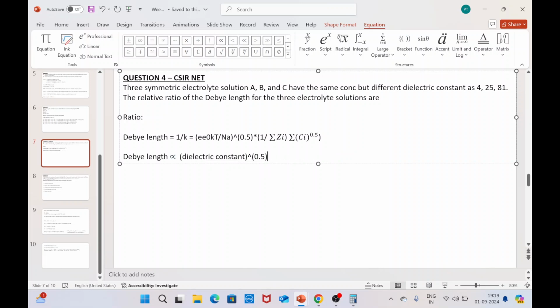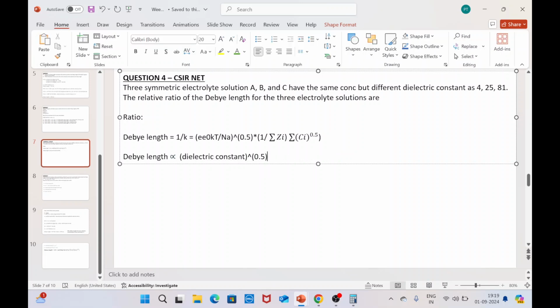So this is the idea. Your Debye length is going to be proportional to the dielectric constant whole power 0.5. And since all three are symmetric with the same concentration, your Zi Ci whole power 0.5 will be the same. Na is the same, kT is the same, epsilon naught is the same.